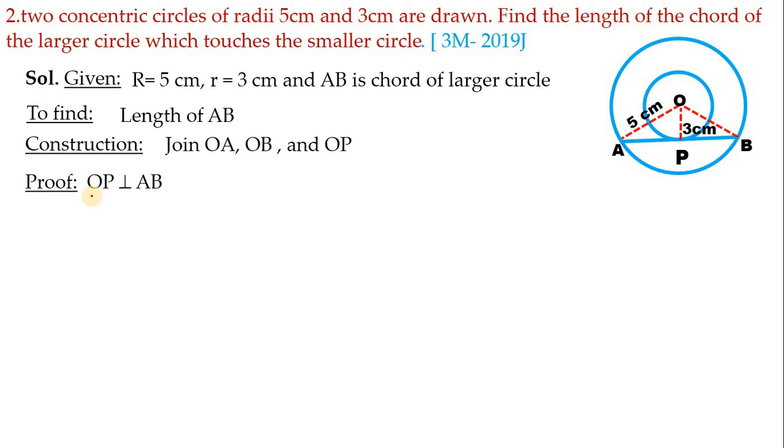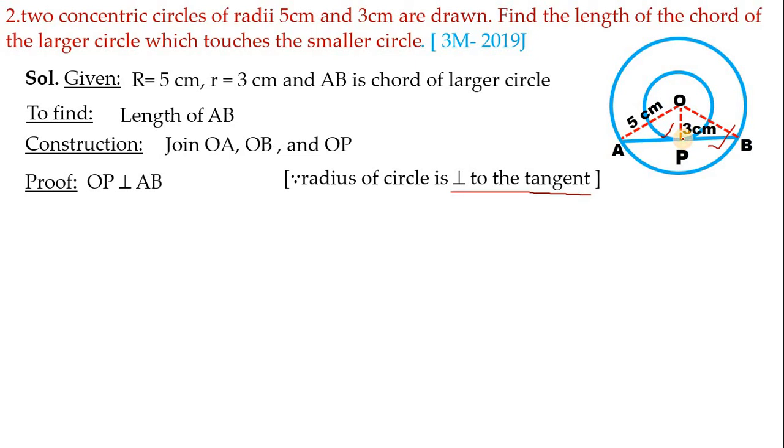Here they clearly mention OP is perpendicular to AB. Why? Because the radius of a circle is perpendicular to the tangent. AB is a chord for the larger circle, but AB is a tangent to the smaller circle, isn't it?